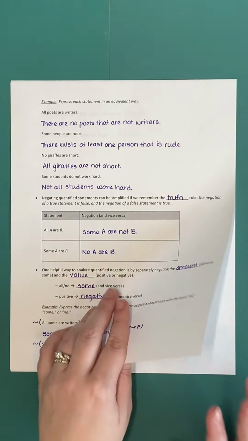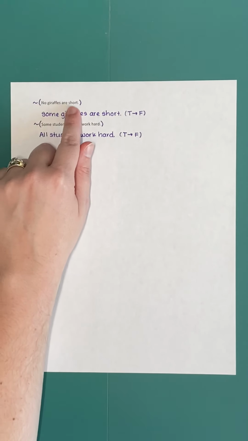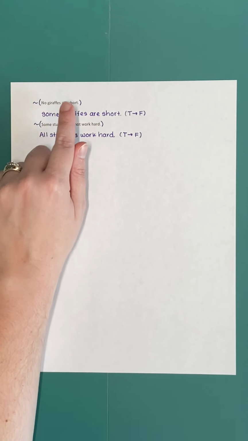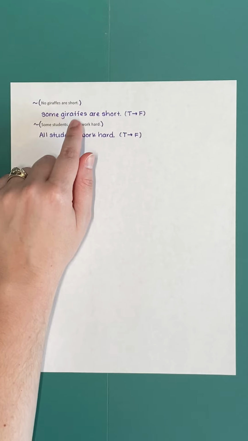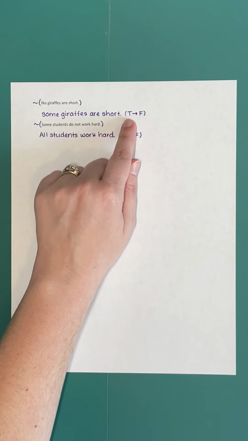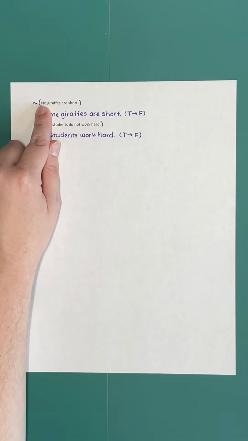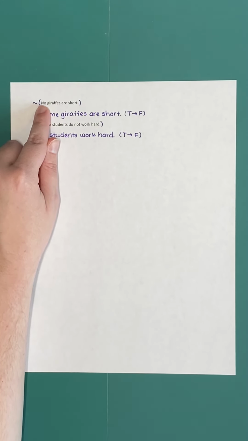Okay, let's look at a couple more. No giraffes are short. We decided that we're going to consider this one true. From a relative standpoint, giraffes are not short. We'll consider that a true statement. So we're going to negate it. No means all-encompassing and negative.